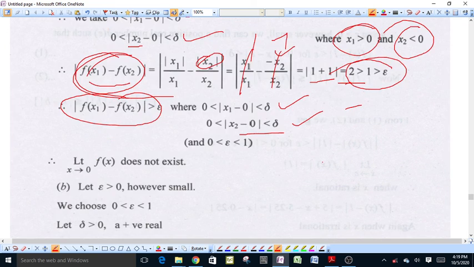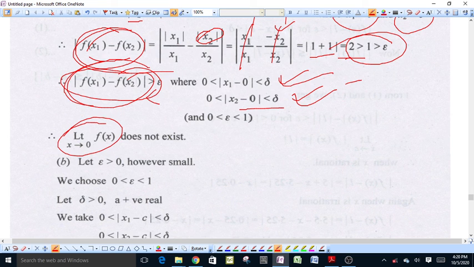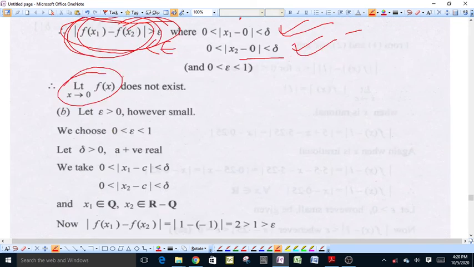Therefore, by using the epsilon-delta definition, |f(x1) - f(x2)| is not less than epsilon whenever |x1 - 0| is less than delta and |x2 - 0| is less than delta. This means the limit of f(x) as x approaches 0 does not exist, because this must be less than epsilon. Here |f(x1) - f(x2)| comes out to be greater than epsilon, so this limit does not exist.